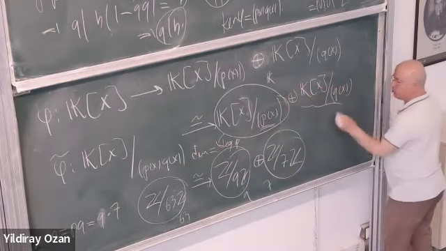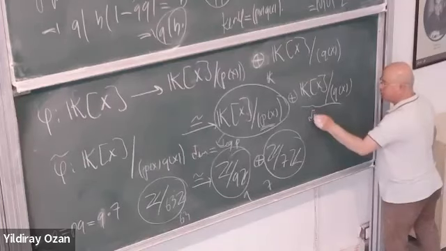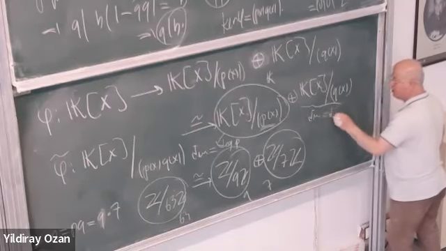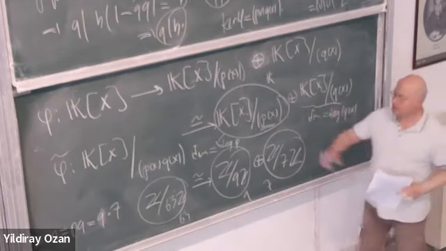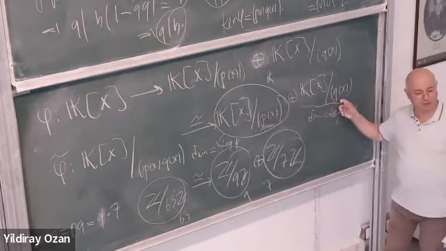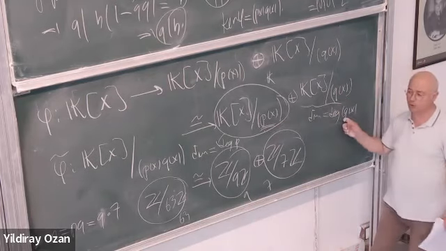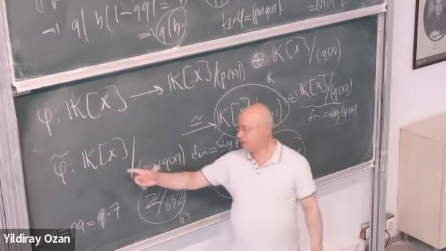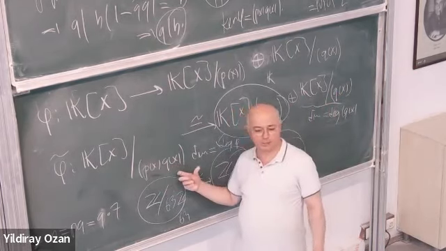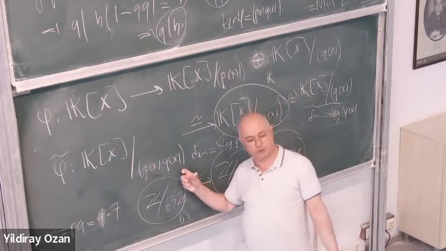What is the dimension of this? Degree of q. So what is the dimension of the sum of these vector spaces? It is p plus q. What is the dimension of this one? Well, degree of this product, which is p plus q.